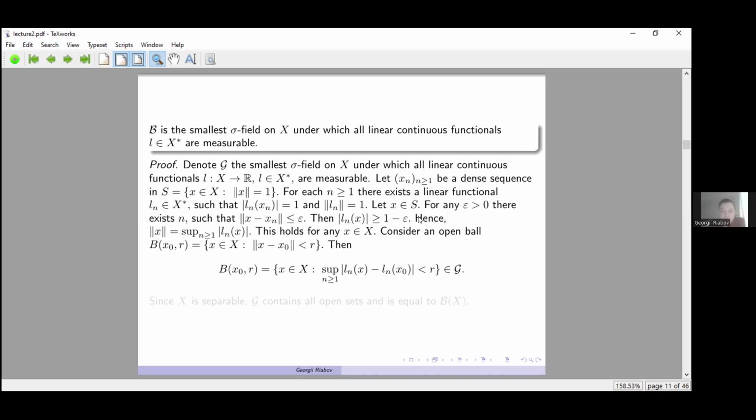Then for every element x of the unit sphere, and for any epsilon, we can choose an element x_n that is at distance epsilon from x.